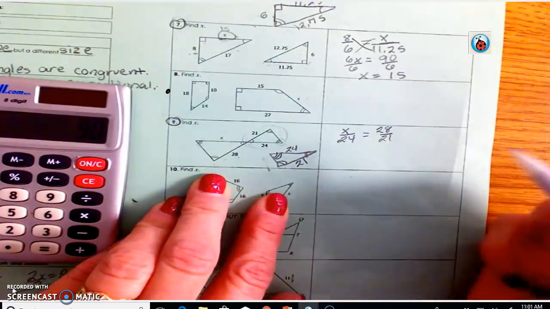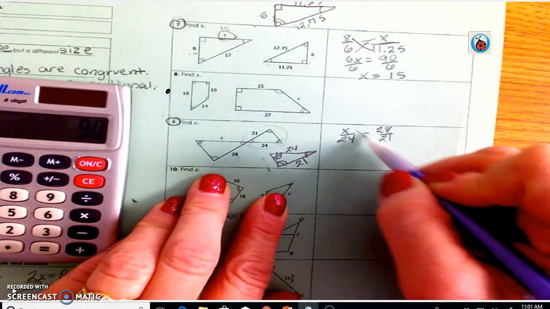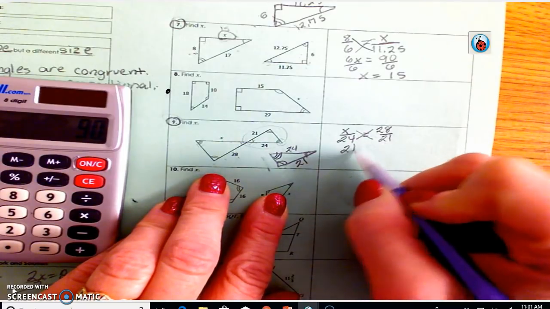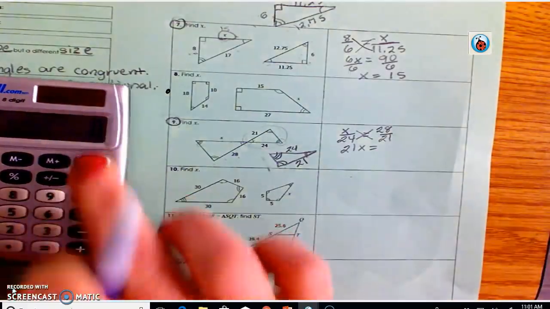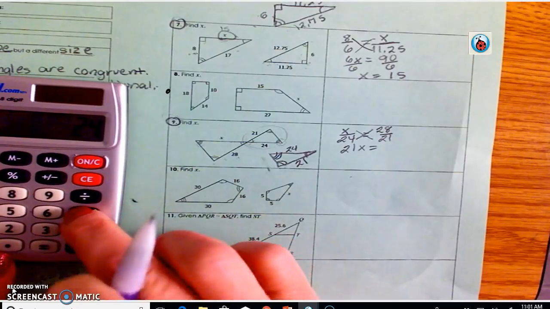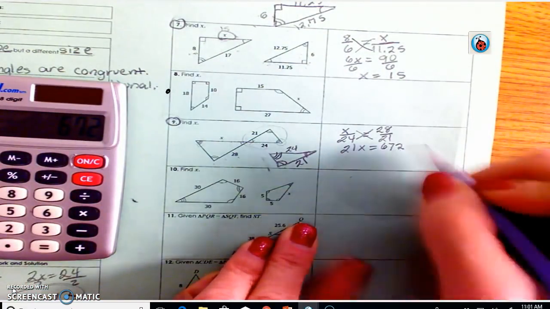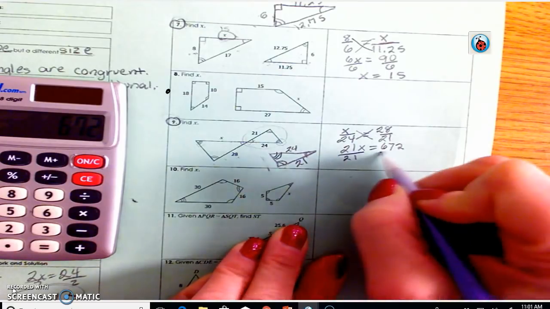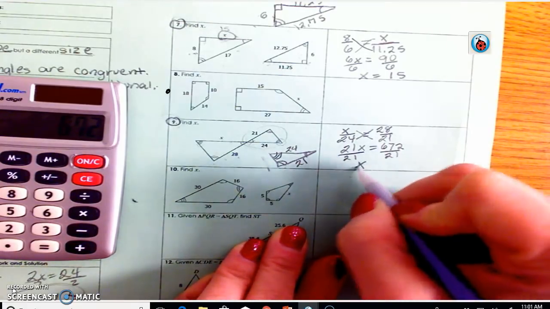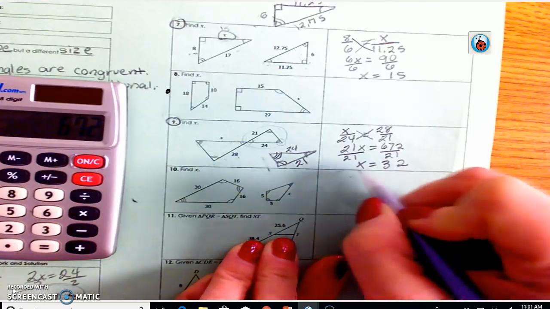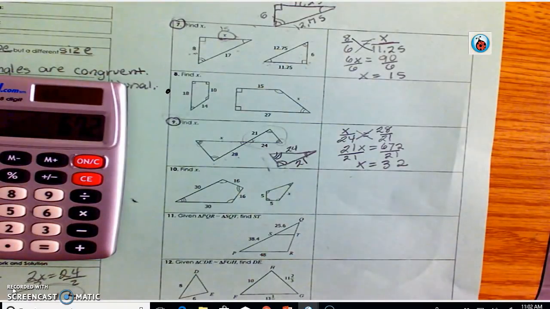So that should be your proportion. Then we cross multiply. I get 21x equals 24 times 28, which gives us 672. Divide both sides by 21, and we get x equals 32. I hope that you got that problem right.